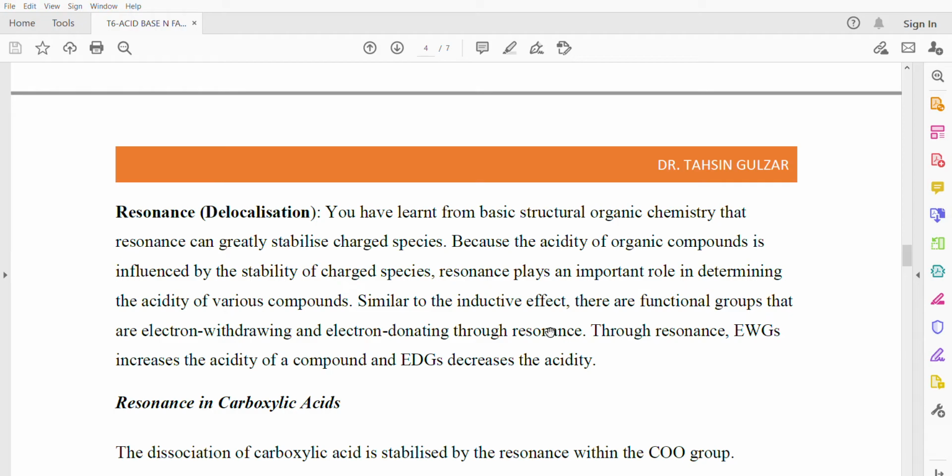Methyl group, for example in acetic acid, CH3COO negative is the conjugate base. If three hydrogens are replaced with electronegative fluorines, CF3COO negative.